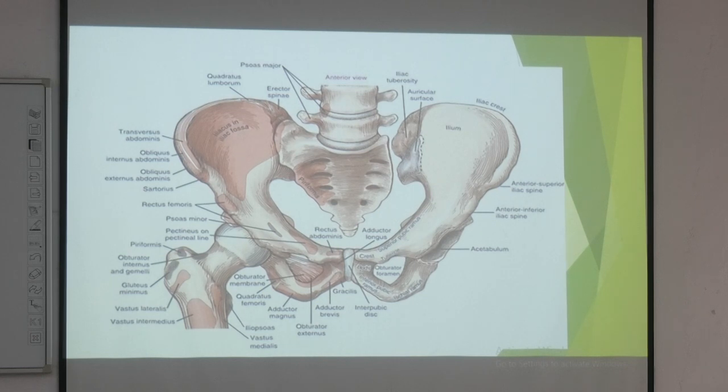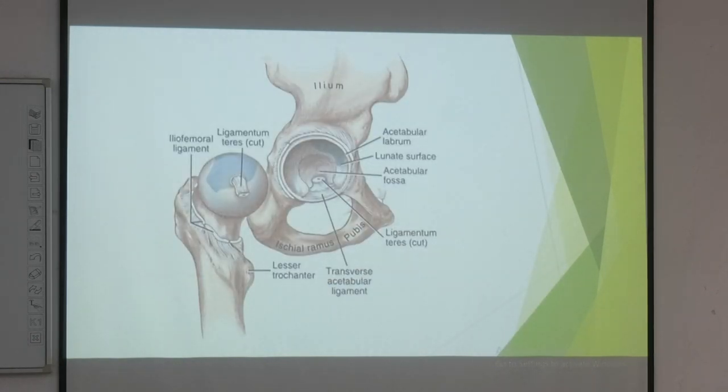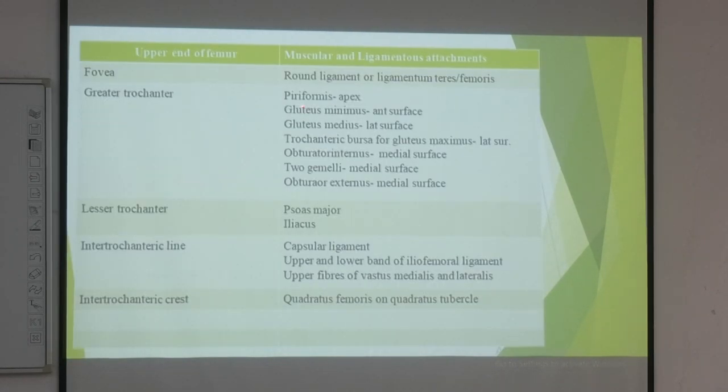The gemelli superior and gemelli inferior, and in between them the tendon of obturator internus, are attached on this particular superior border along with a muscle which is known as piriformis. So these are the muscles attached to this superior surface: piriformis, the 2 gemelli, superior and inferior, along with the obturator internus. Now you can forget anything and everything about these muscle attachments, but you cannot forget the glutes.